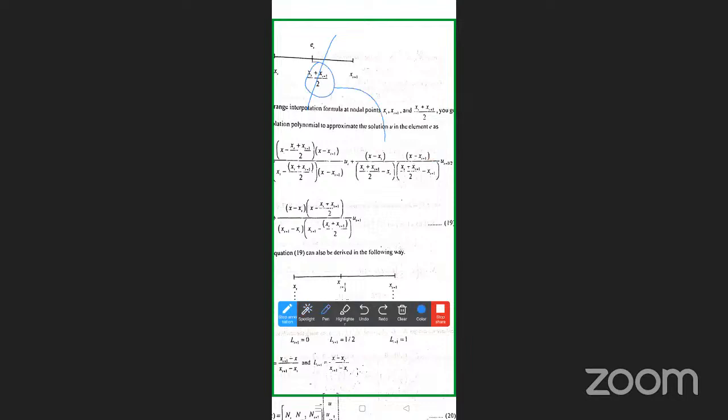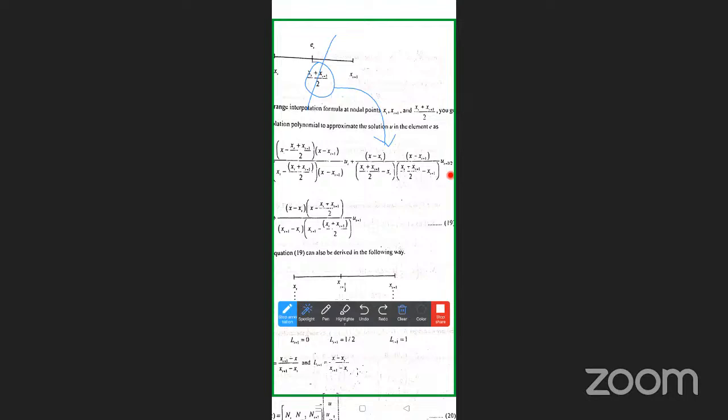Writing it in the denominator: xi plus 1 divided by 2 minus xi, into xi plus 1 divided by 2 minus xi plus 1, into u at i plus 1 by 2. So this is the corresponding u value, u i plus 1 by 2.